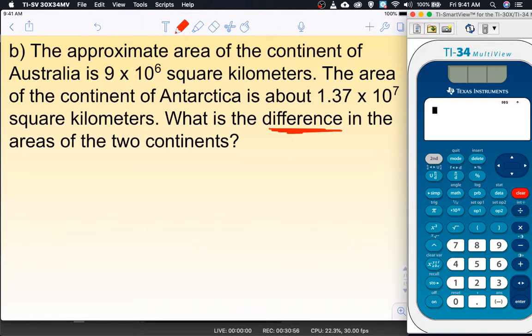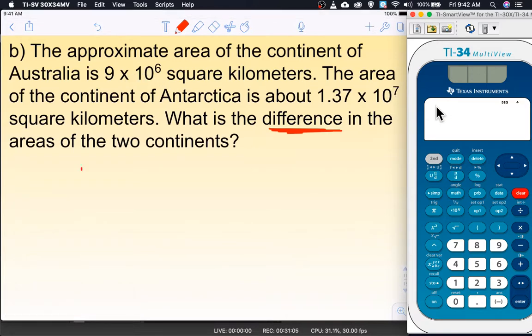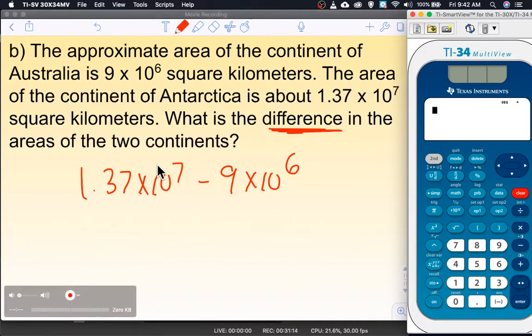And when you subtract, you always put the bigger number first, which in our case, 10 to the 7th is bigger than 10 to the 6th. So I'm going to put 1.37 times 10 to the 7th minus 9 times 10 to the 6th. Bigger number comes first.